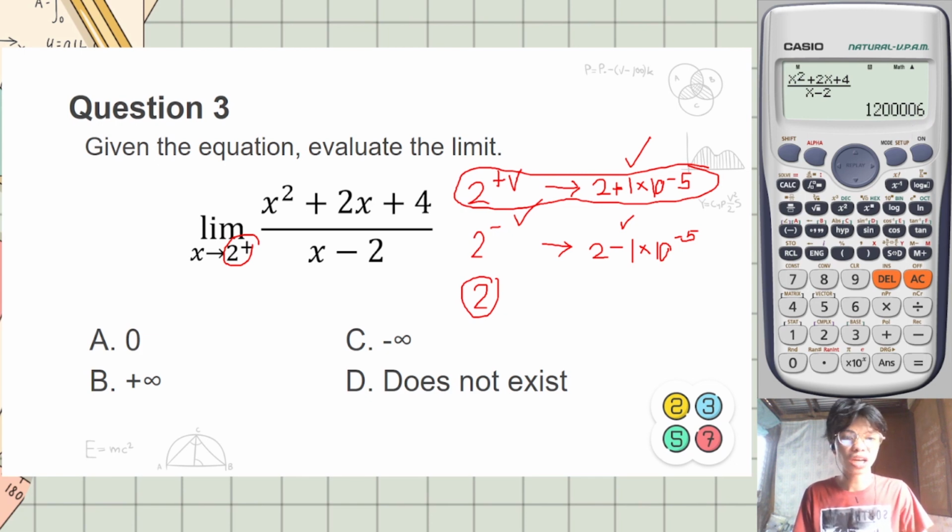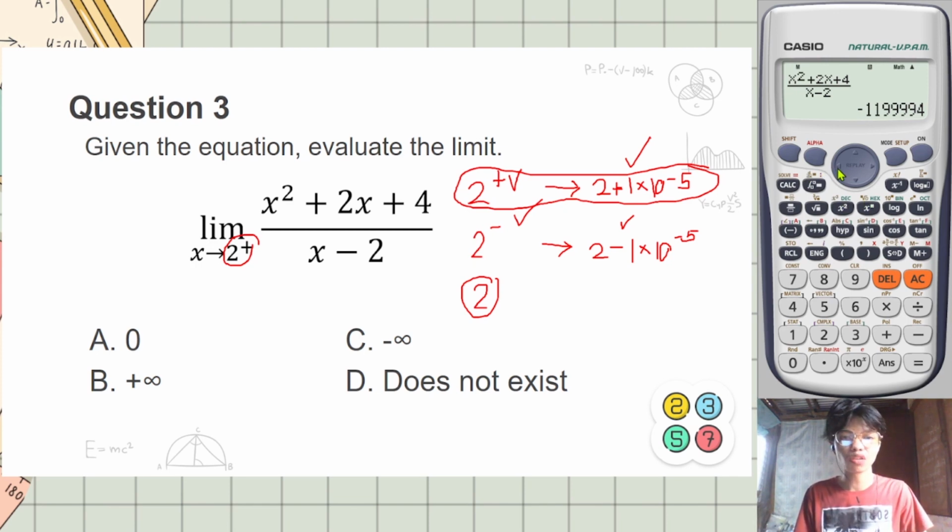What about 2 negative? For 2 negative, let's approximate the value again, 2 minus 1 times 10 raised to negative 5. The answer is a big negative number, which means negative infinity. And if the limit has no symbol, neither positive nor negative, you will use both limits: 2 plus 1 times 10 to the negative 5 and 2 minus 1 times 10 to the negative 5.